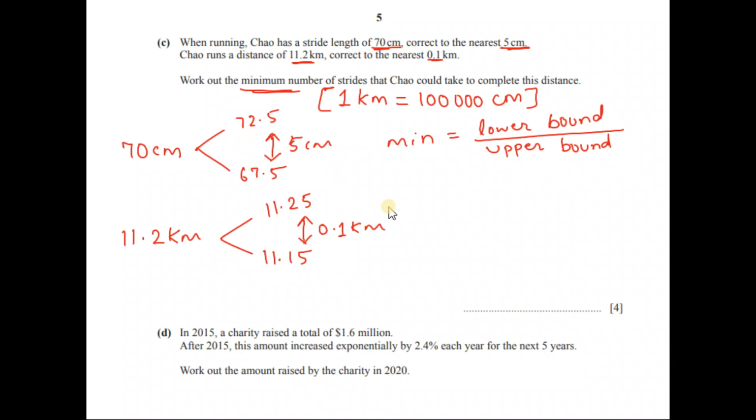So now here we have to divide 11.2 kilometers by 70 centimeters. So what will we do? First I'll convert the lower bound, which is 11.15 kilometers, into centimeters. I just multiply it by 100,000 because 1 kilometer is 100,000 centimeters.